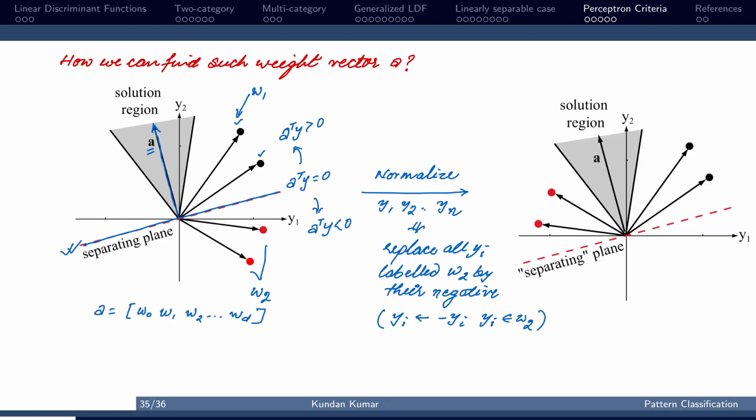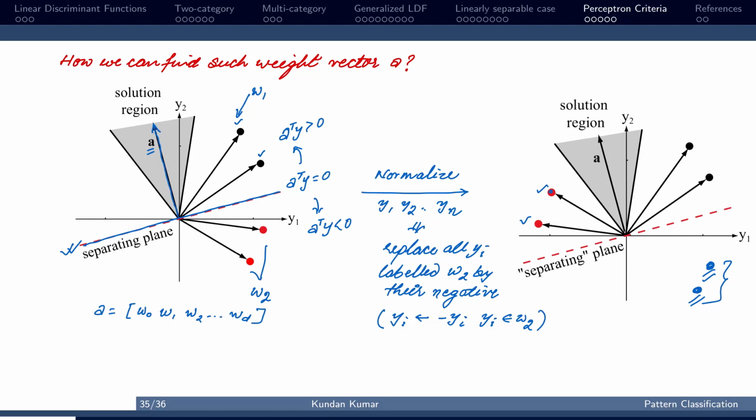So what happens when we normalize the data samples from class 2? Whatever the sample was here, it is now moved to here, because we are just negating the values of the data samples belonging to class omega 2.